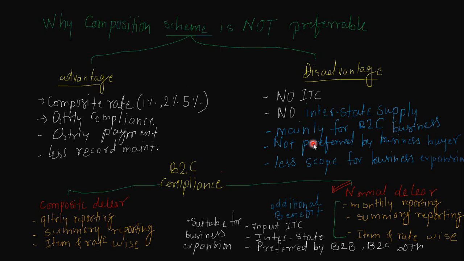Because if you want to expand your business, beyond a state, beyond a specific dimension, if you don't want to just serve a particular customer, or if you want to serve beyond a particular limit, or be more competitive in your business from a cost point of view, then you cannot go with this composition scheme.